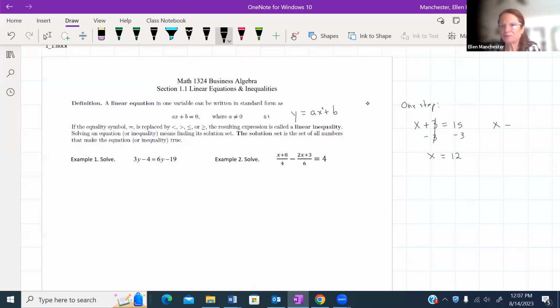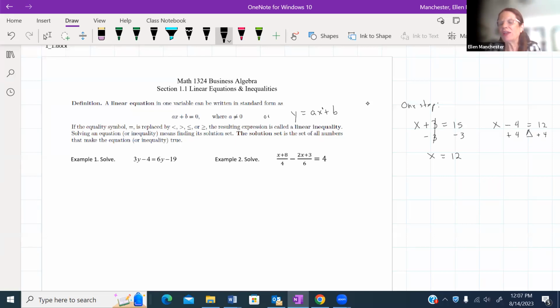If I had x minus 4 is 12, again most people can think this through and go, oh, what minus 4 is 12, so like 16. You can logically think it through, but mathematically we can show it. If it's subtracting 4, we're going to add 4 to both sides. And remember, the whole idea is to keep this balanced.